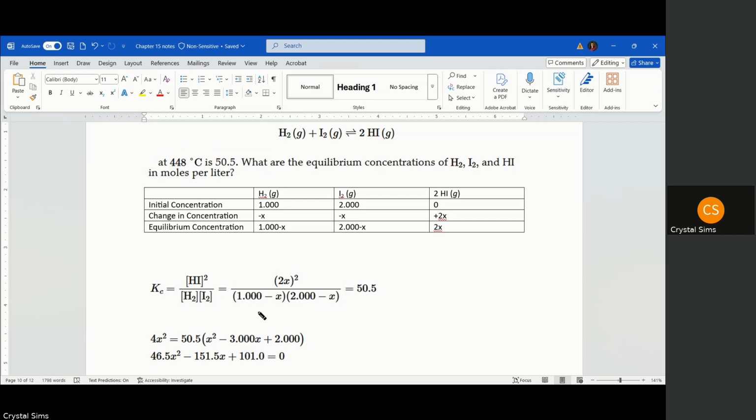So here's my 1 times 2, that goes right there. And then I've got 1.000x, and that's times the negative, so that'd be negative 1.00x. And then I've got plus a negative 2.000x.